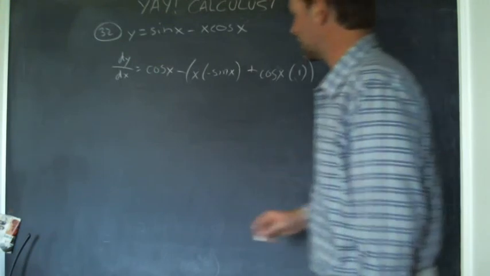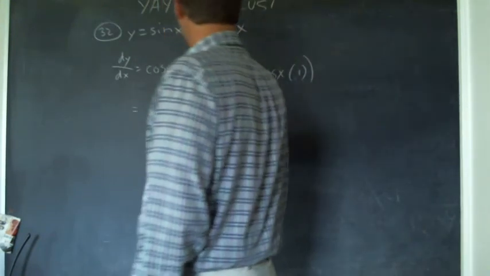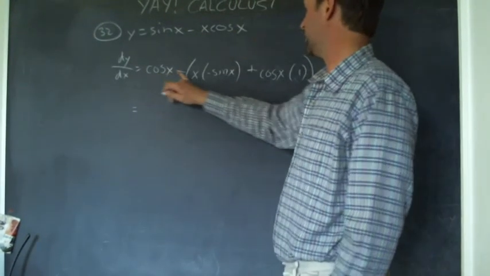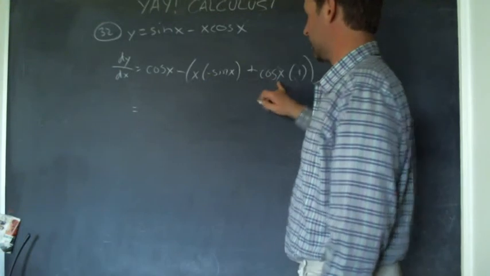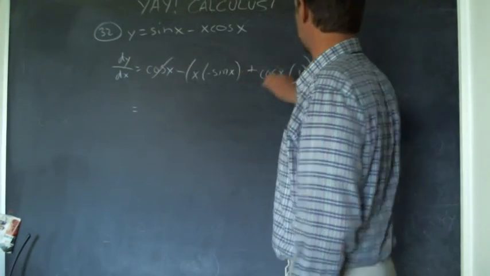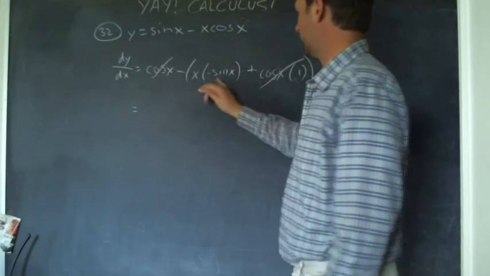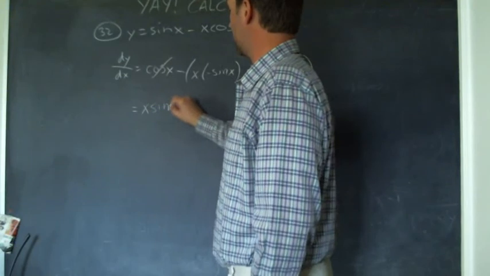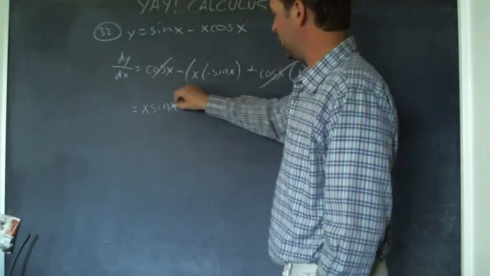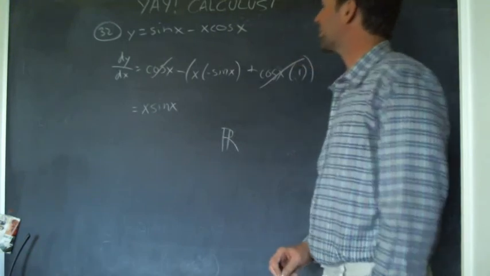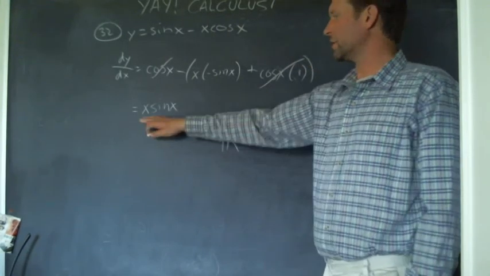We just distribute out the negative a bit. Wind up with, let's see, so that'll be cosine x minus that minus cosine x. So this cosine minus this cosine. So we just have positive x sine of x. And that is differentiable for all real x, because this is defined everywhere.